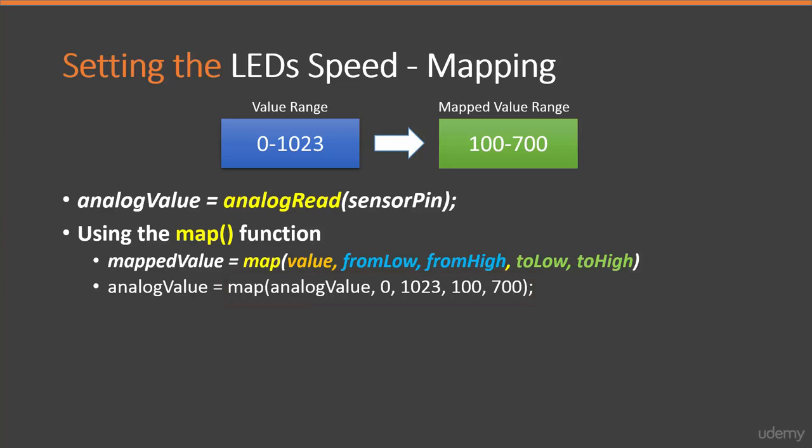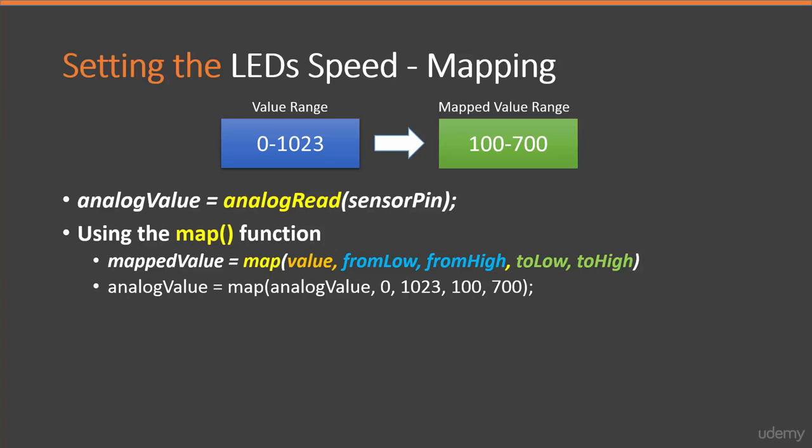You will see that this is going to be useful also for the second sensor we use to set up the LED brightness, because on one side analogRead returns a value in a range of 0 to 1033, but the analogWrite function that we are planning to use can only take a value from 0 to 255.